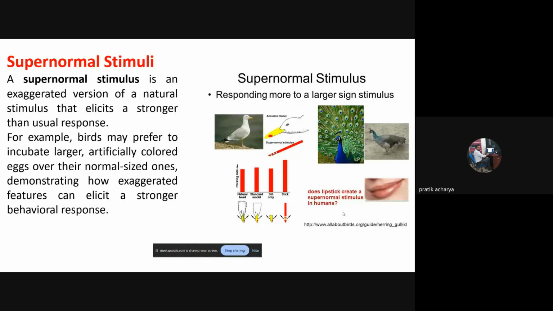That means the bird thinks that this is different from the others, so more care is required for this. That kind of behavior, that kind of stimuli, comes under supernormal stimuli.